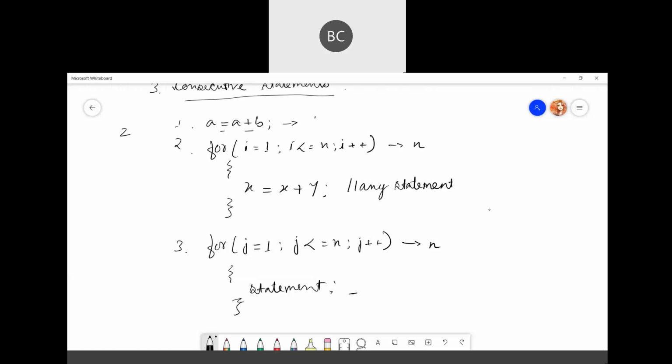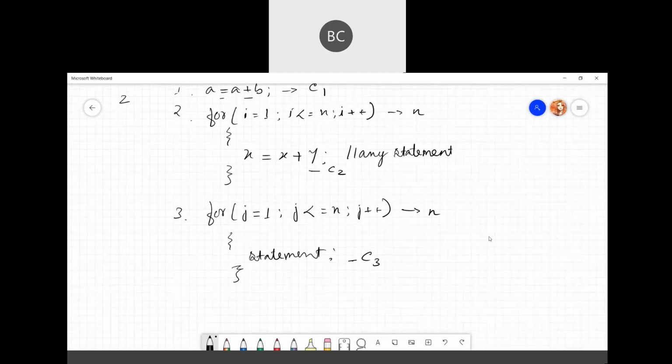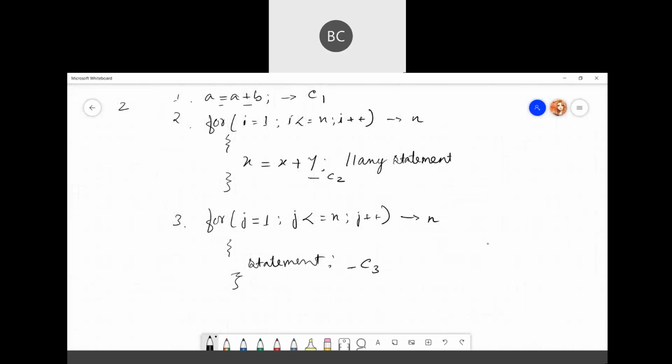So let's consider this is constant C1, then this part is going to take constant C2, and this part is again going to take constant C3. Here you will simply add up all the time taken by the piece of code. In any program, you will simply add the complexity for each of the lines. So the first line complexity is C1.